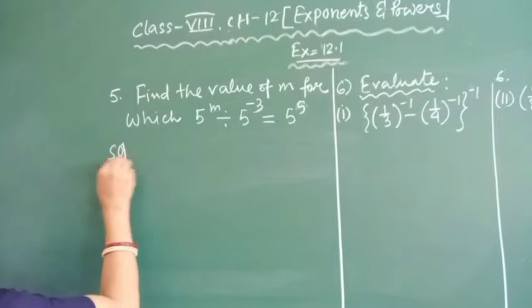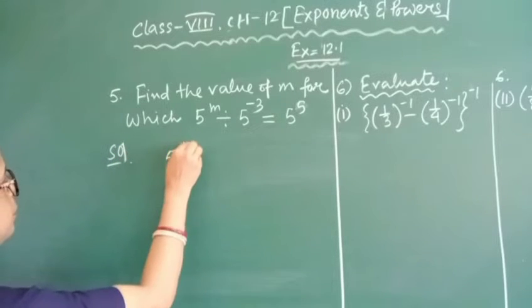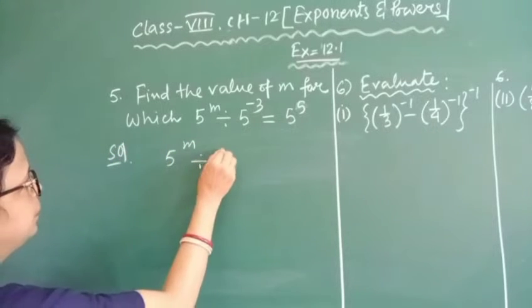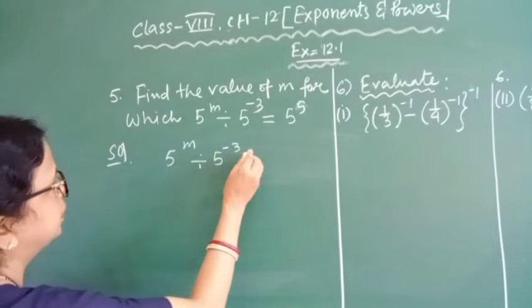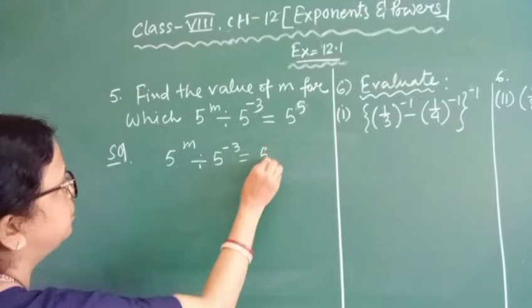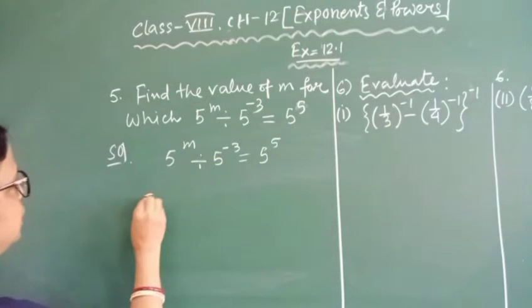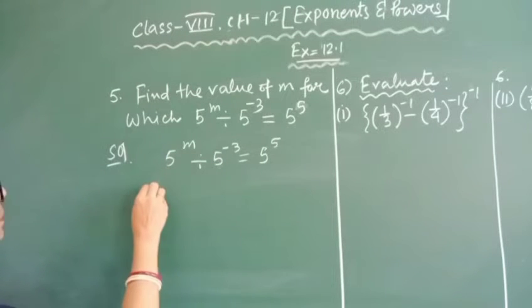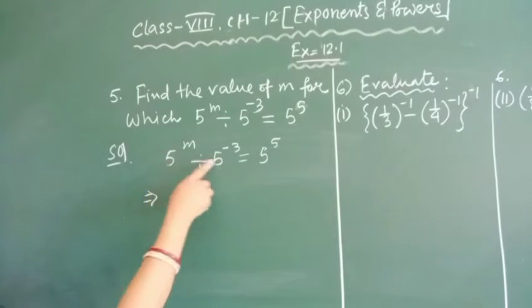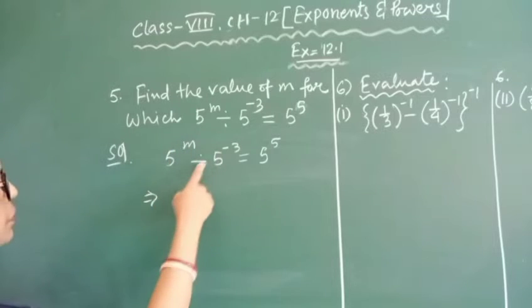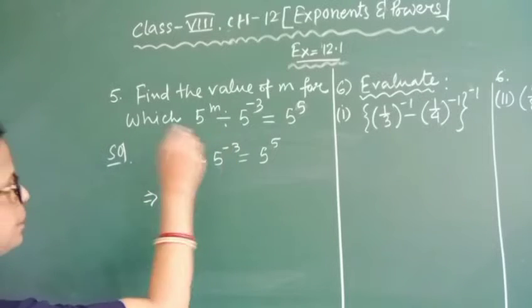Solution of this sum: as it is given, 5 to the power m divided by 5 to the power minus 3 equals 5 to the power 5. On the left hand side you can see that the bases are same, powers are different, and it is division, so we need to subtract.